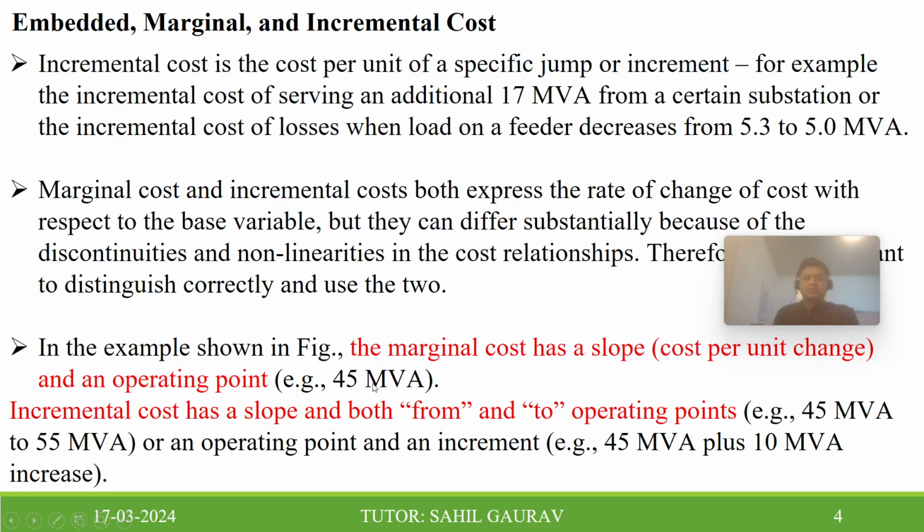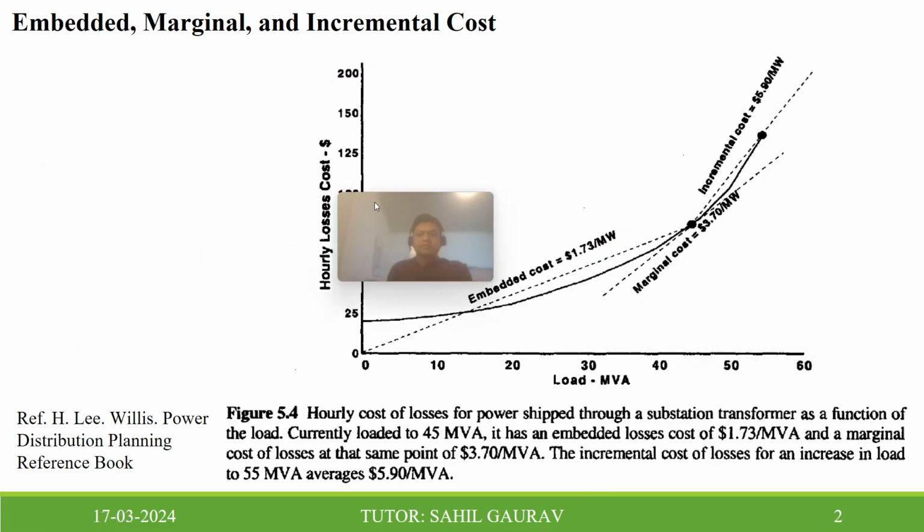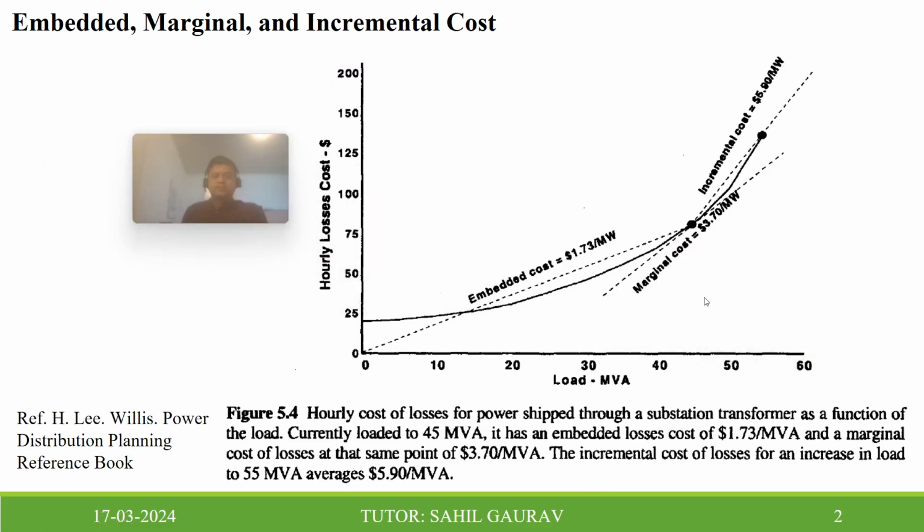The marginal cost is defined at the load of 45 MVA, while the incremental cost is defined for the from and to operating points, that is 45 MVA to 55 MVA, or an operating point and increment, that is 45 MVA plus a 10 MVA increase. So in this figure, marginal cost is defined at the 45 MVA load point, while incremental cost is defined for the load increment from 45 MVA to 55 MVA.